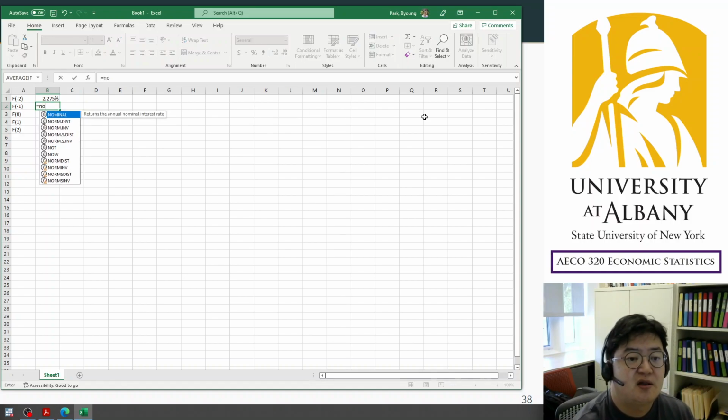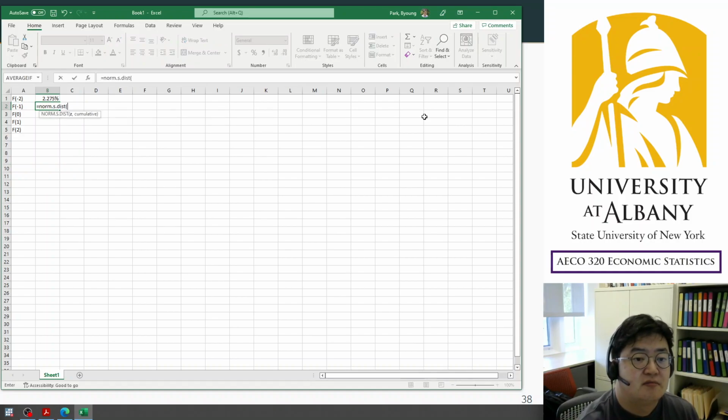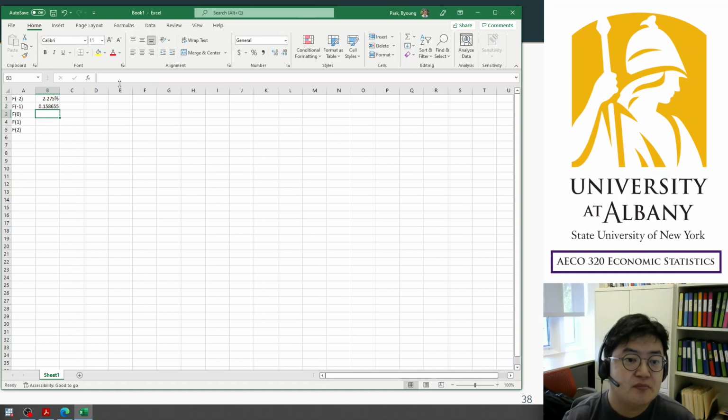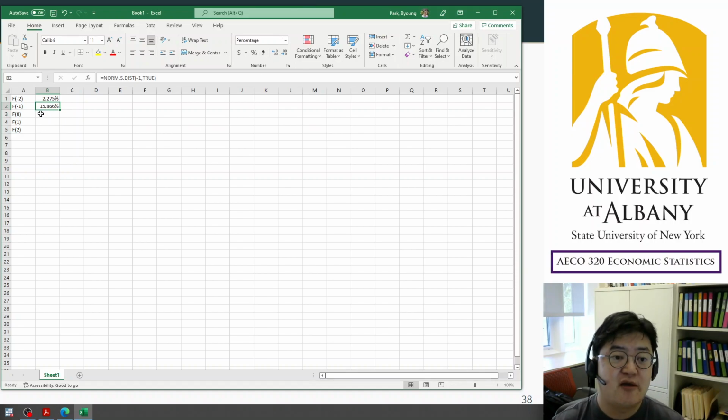Similarly, let me do this in the same way. NORM.S.DIST at -1, and the cumulative option is true. Then you change to percentage, and you get 15.866%. That means below -2, you have only 2.275%.